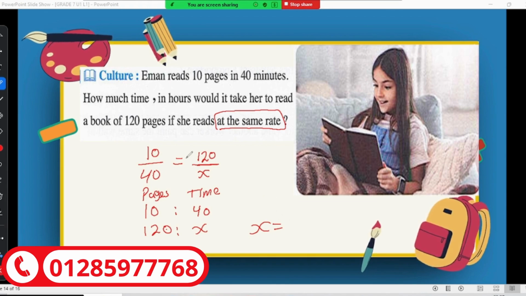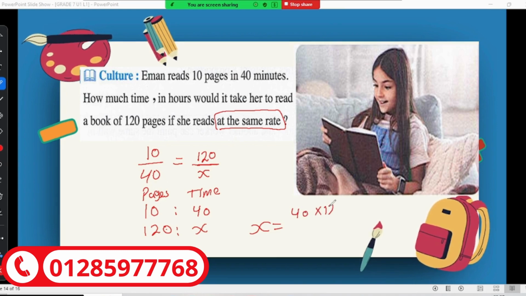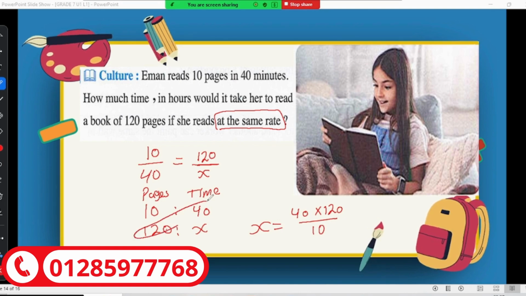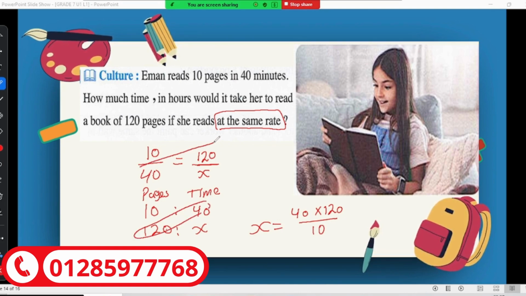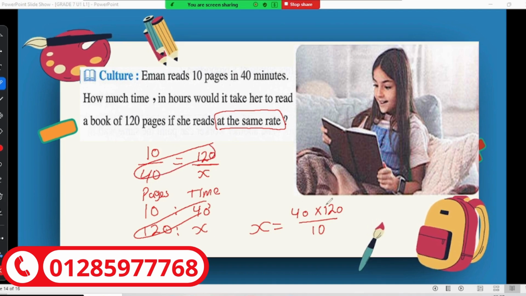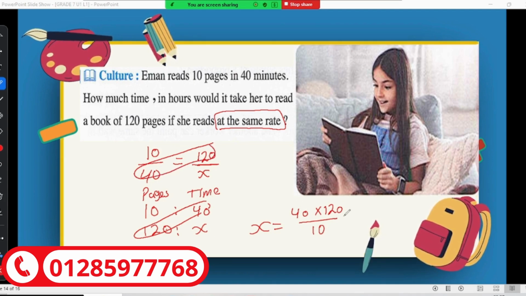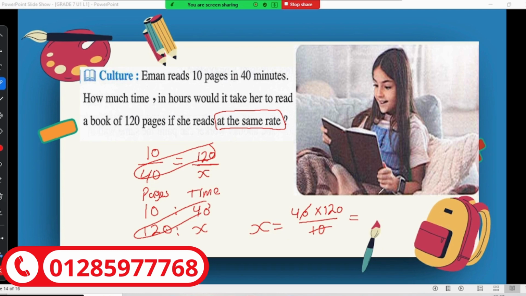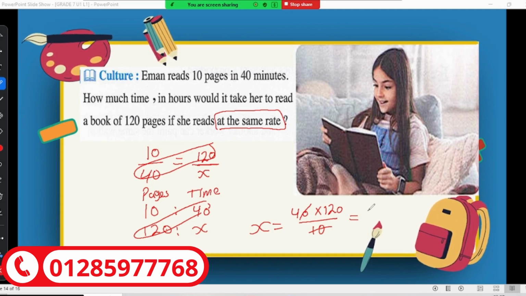X equals the product of means, 40 multiply 120 divided by 10. Here or here we have the same value. 40 multiply 120 divided by 10. Remove 0 with 0. 4 multiply 12 equals 48.